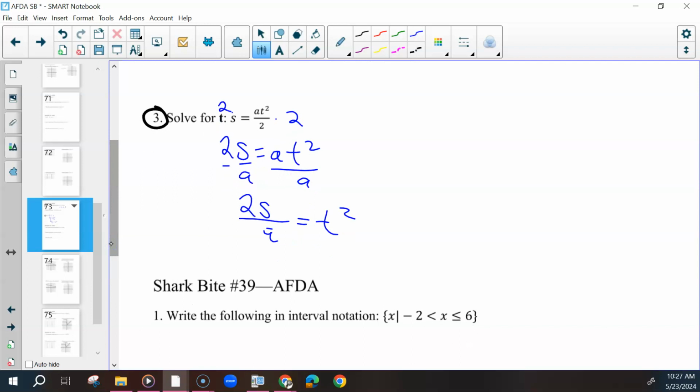And then get rid of the square by taking the square root of both sides. So t would equal the square root of 2s over a.